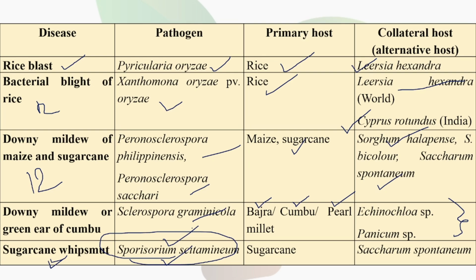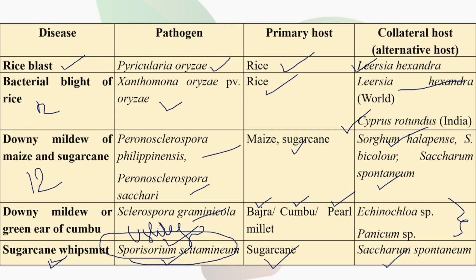There is one more name, the previous name. Exactly, Ustilago scitaminea. Later the name changed to Sporisorium scitamineum. Anyway, the primary host is sugarcane, and the secondary host is Saccharum spontaneum.